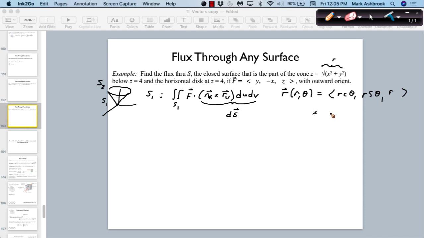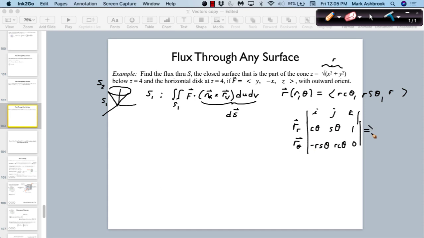So we've got i, j, k, and we're going to do the partial with respect to r and the partial with respect to theta. Partial with respect to r is cos theta, sine theta, and 1. With respect to theta, negative r sine theta, r cosine theta, and 0.